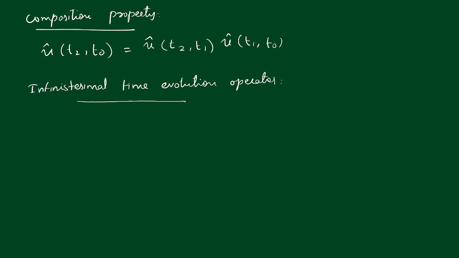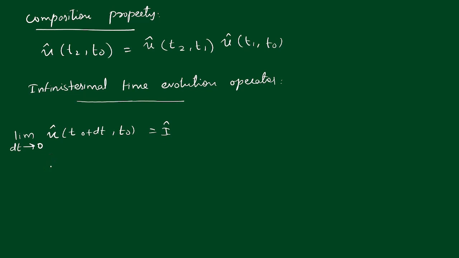If there is no time evolution at all, okay, if you are taking it by 0 time, all right, or let's say we start with this idea u of t0 plus dt comma t0, okay, dt is a very small time, in the limit dt tends to 0 should be equal to the identity operator, okay, or the unit operator. നമ്മൾ പറഞ്ഞു ഇതിന് കാരണം dt tends to 0 എന്ന് പറയുമ്പോൾ it has to keep the state exactly at the same time, so this operator has to be the unit operator.